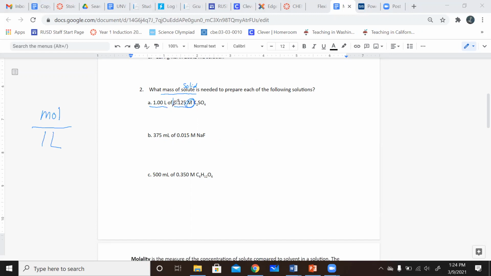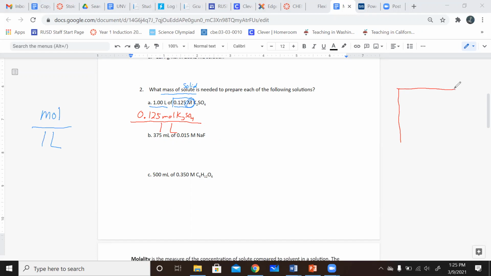So what this number is telling you, quite literally, is that there is 0.125 moles of K2SO4 in every 1 liter of that solution. Okay? So picture this. I'm going to draw this over here.